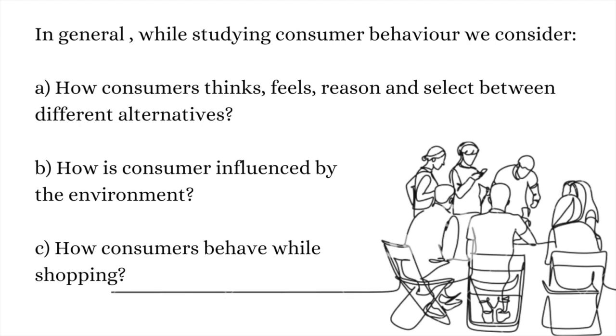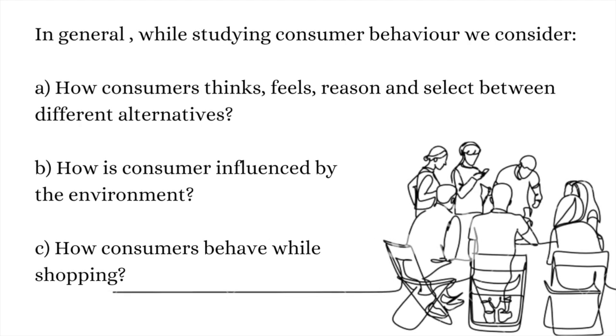So let us understand consumer behavior in lay language. Basically, while designing a campaign for a consumer, we need to understand how the consumer thinks, feels, reasons and selects between different alternatives. How is the consumer influenced by the environment?